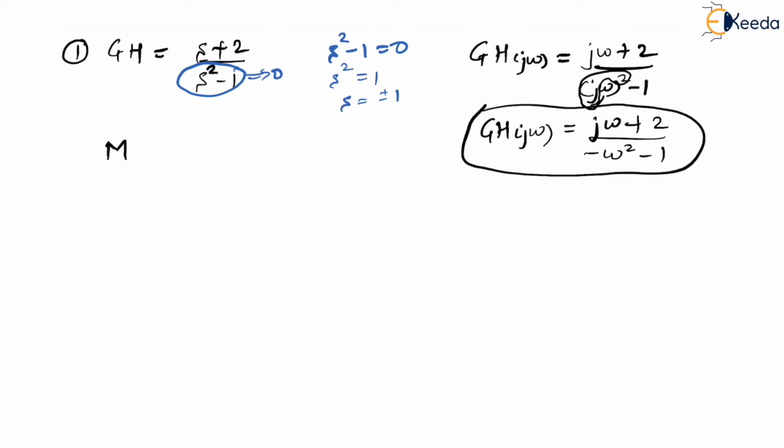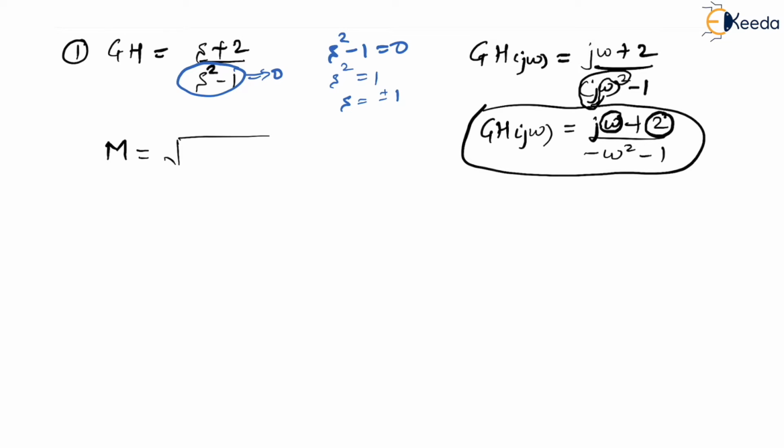Now I am interested in the magnitude and phase. If I want the magnitude, what is the magnitude here? In the numerator of GH of j omega, we have j omega plus 2, which means real part is 2, imaginary part is omega, so it is the square root of real part squared plus imaginary part squared.